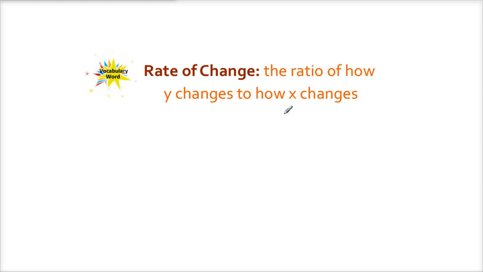So here's the formula that I gave you. The rate of change is the ratio of how y changes to how x changes. So the formula that we're working with to find the rate of change is the ratio, so a fraction, of how y changes.